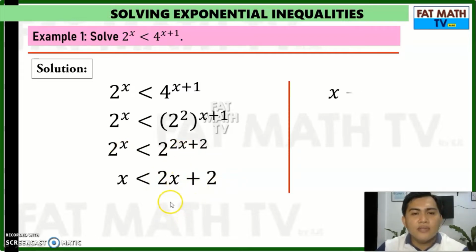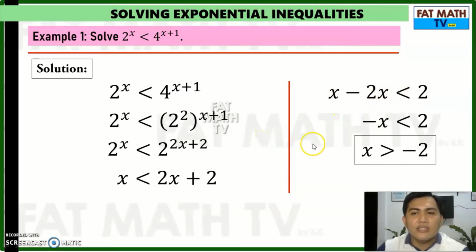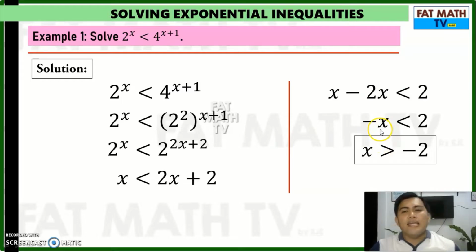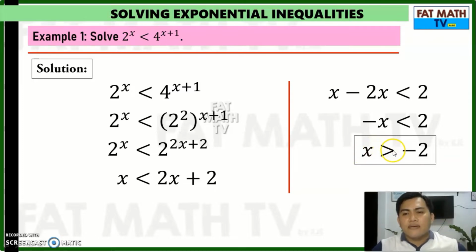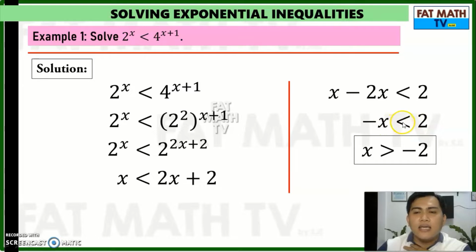And then, what are we going to do? Subtract 2x from both sides of the inequality. We will have negative x is less than 2. Then multiplying negative 1 to both sides of the inequality, we will have x is greater than negative 2. If we multiply a negative number to both sides of the inequality, the symbol reverses.